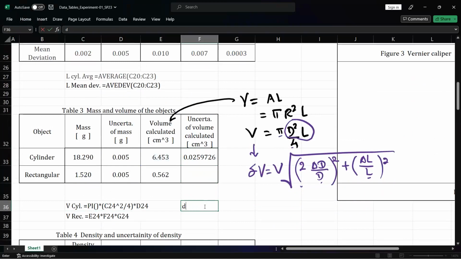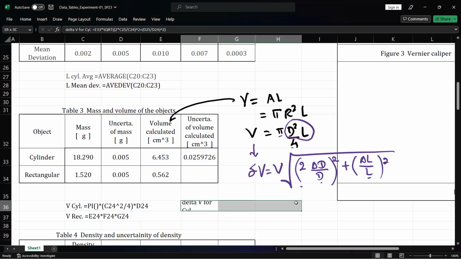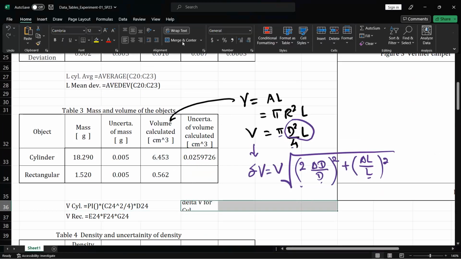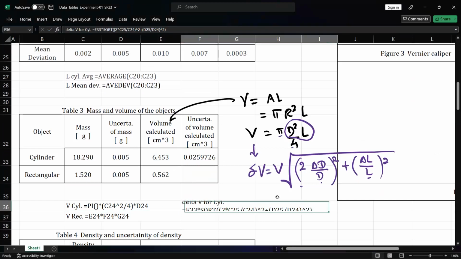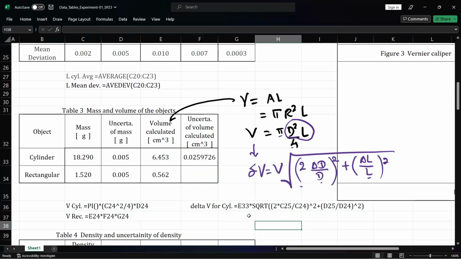Okay, so let's write it down: Delta V for cylinder. Make sure that is visible. Okay, now that's a function. This is the real function, how it looks. That is the function after we put it in.